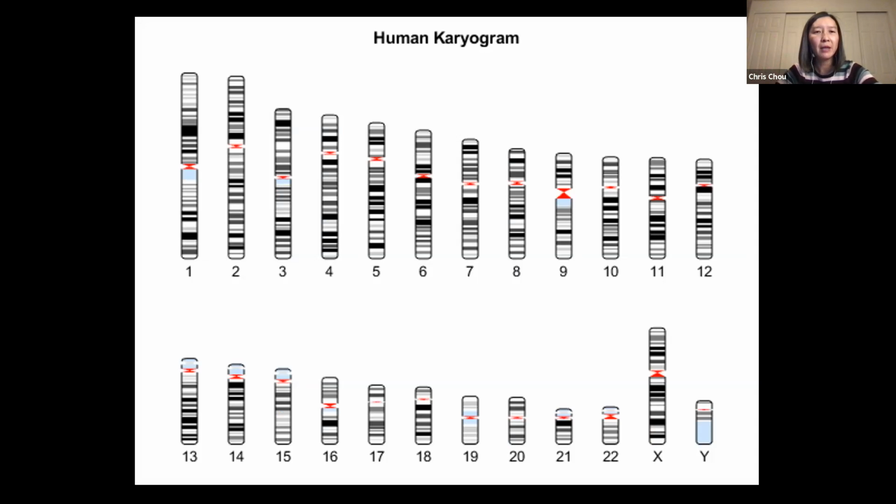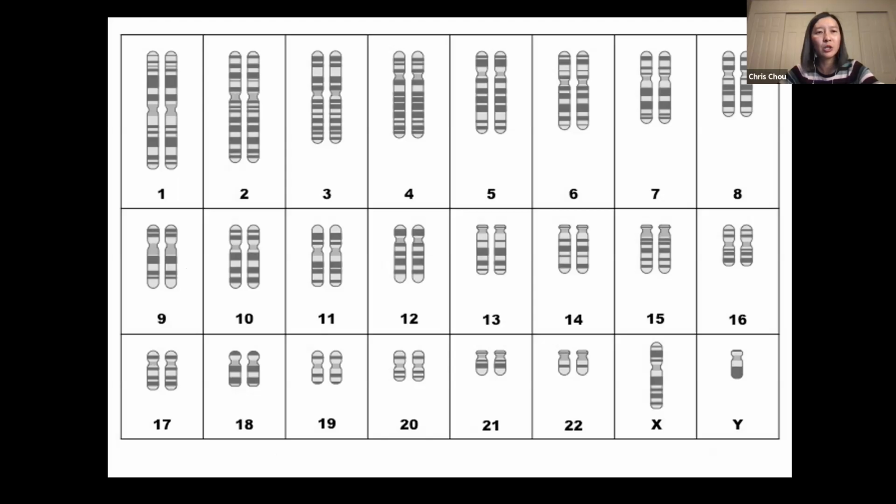What that is, is a visual showing the staining pattern of each type of chromosome in a human cell. They start off with 1, which is the largest or longest one, and then all the way down to the sex chromosomes, the X and Y. And then this graphic is showing how each of those karyogram representations is representing 1 copy of a chromosome, but because we are diploid, humans have 2 copies of every single chromosome.